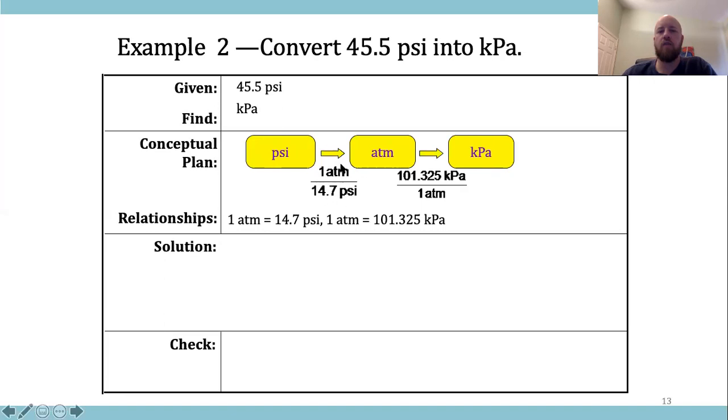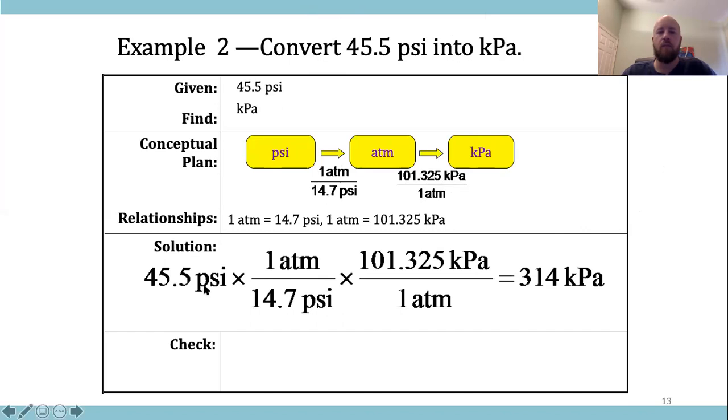The 14.7 PSI to 1 ATM is the first one, and 101.325 kPa in 1 ATM is our second relationship. Same basic setup again: 45 PSI, there's 14.7 in 1 ATM, and 1 ATM is 101.325 kPa. It's 314 kPa.